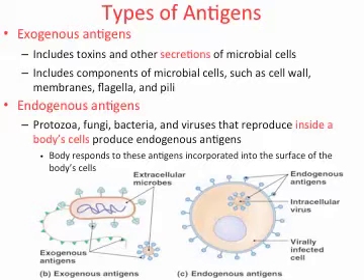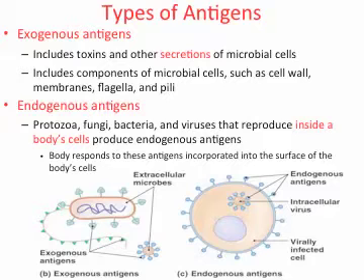So endo means within, endogenous antigens means that the antigens are being made inside the cell. So if you look at the cartoon under letter B, it says exogenous antigens. So it shows two different extracellular microbes, could be a bacteria or a virus, and then the exogenous antigens that are attached to that microbe.